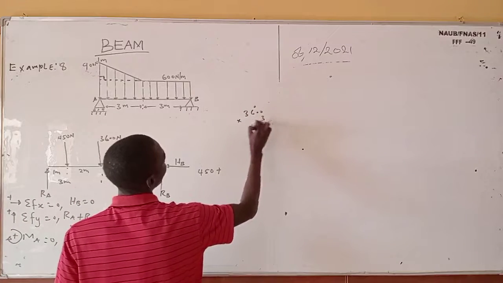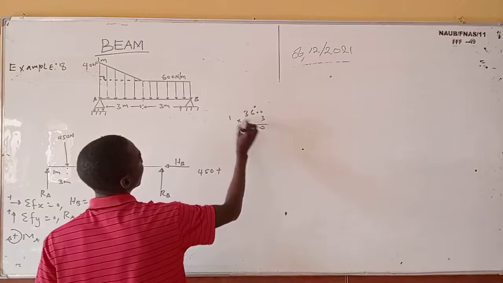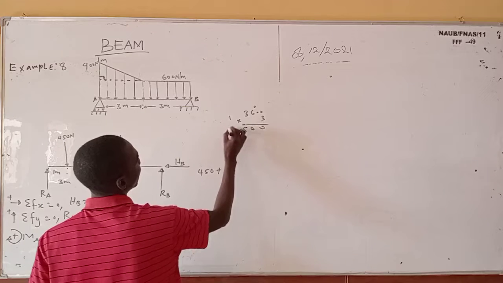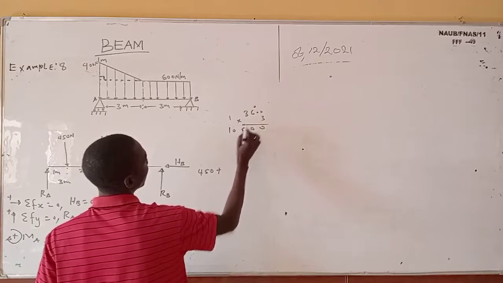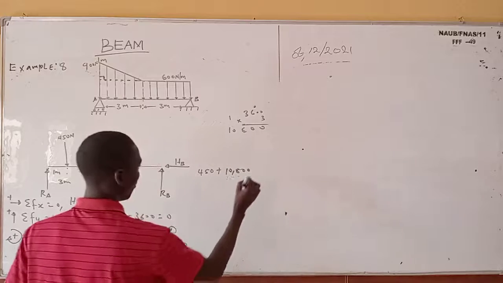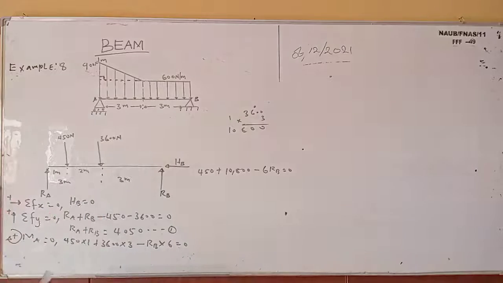I'm now with the calculator here. 3 times 6 is 18. Carry 1. 3 times 3 is 9. 9 plus 1 is 10. So it's 10,800. 10,800 plus 450 minus 6 ROB equals 0.